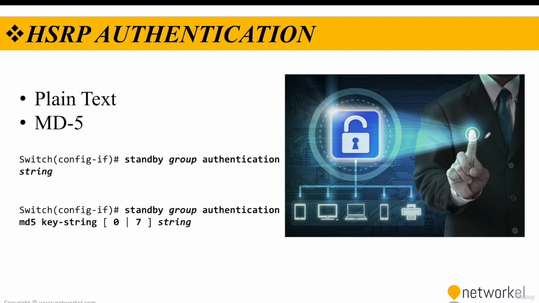So this is just ensuring consistent configuration of authentication keys across all routers in the HSRP group for proper operation. And this HSRP authentication supports both clear text authentication and MD5 hashing for stronger security as well.